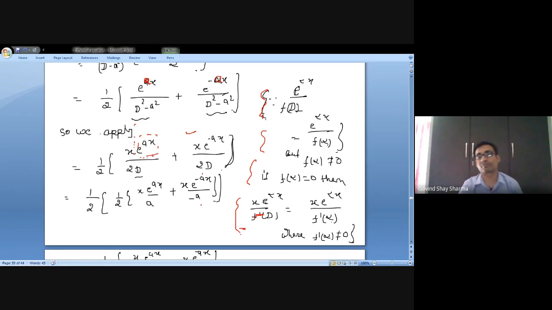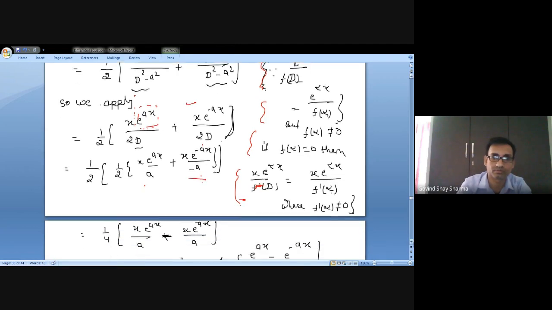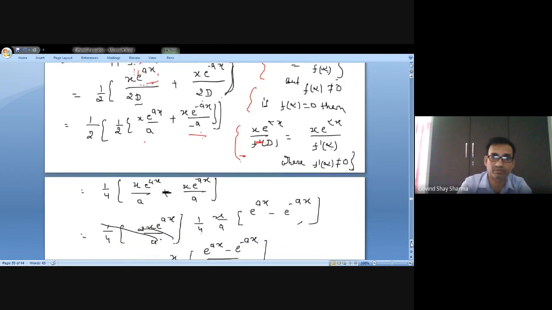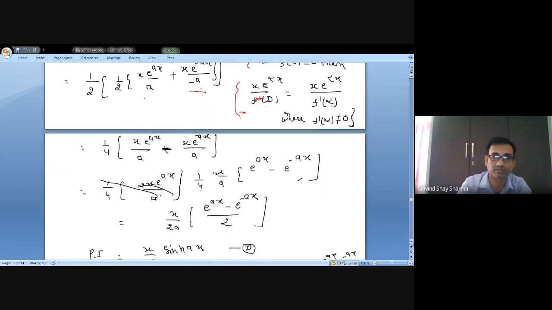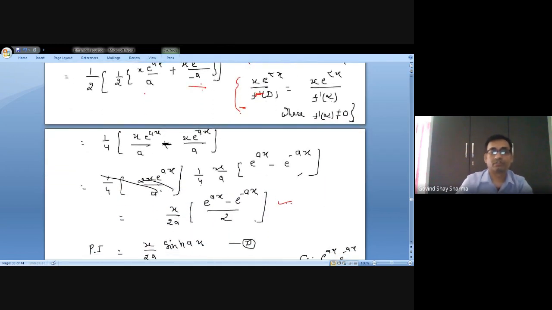X is the separate part. We do not use x here. So it will become e to the power ax upon a, x e to the power minus ax. And now we solve this equation. We get e to the power ax minus e to the power minus ax upon 2. And this is called sine hyperbolic.